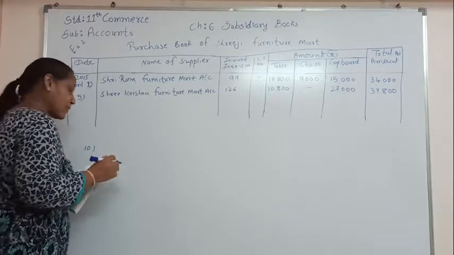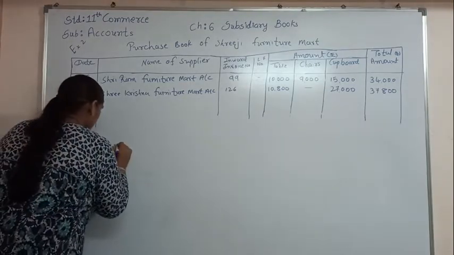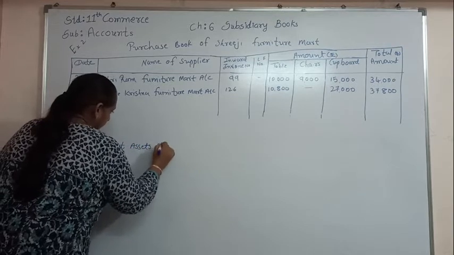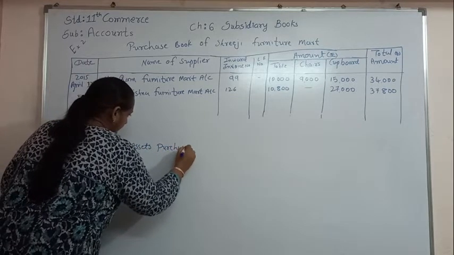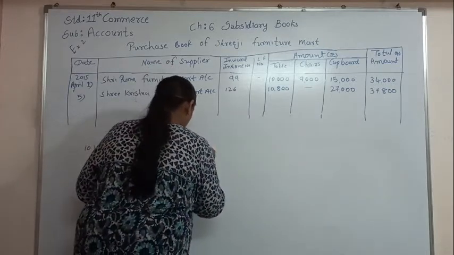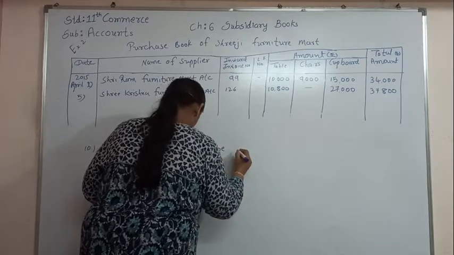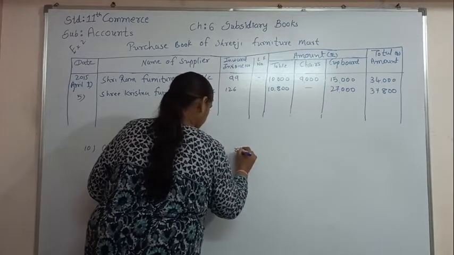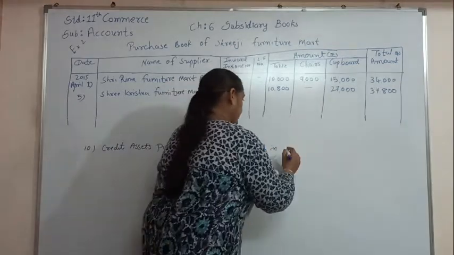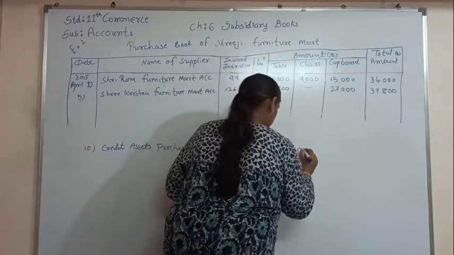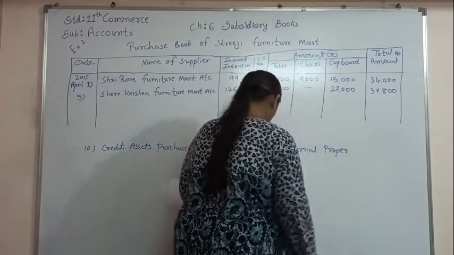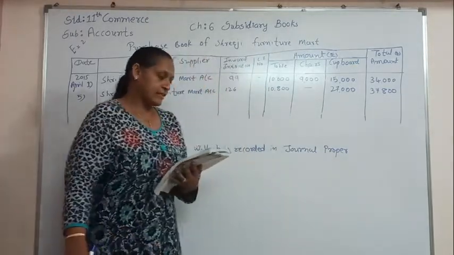Credit asset purchase will be recorded in journal proper. For that, now let's see the next, date number 20.